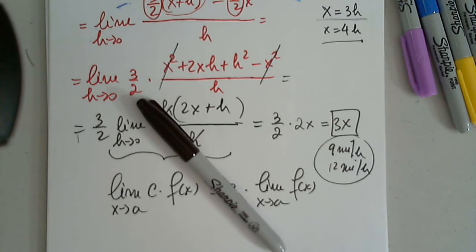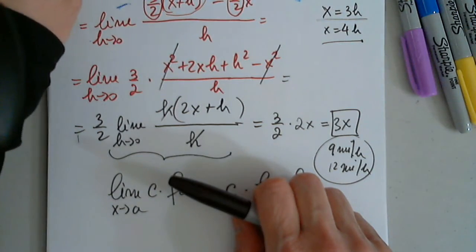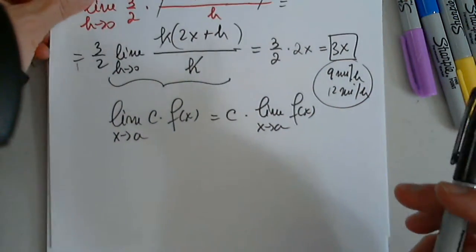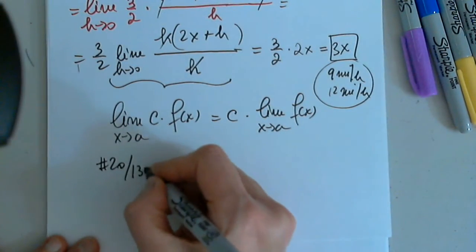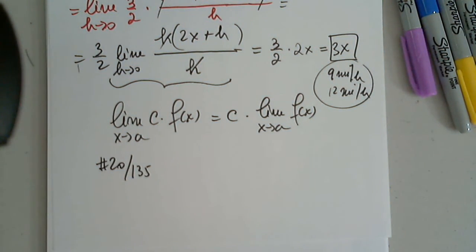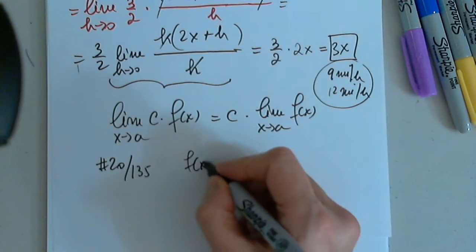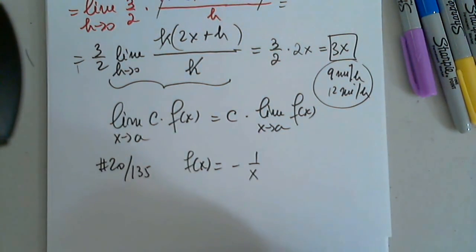Okay, ready? Let's move on to pages 136, 137. I would like to determine the equation of the tangent line, so something like, let's say, 20. Let's determine 20 first, and that is back to 135. And we have f of x equals negative 1 over x.